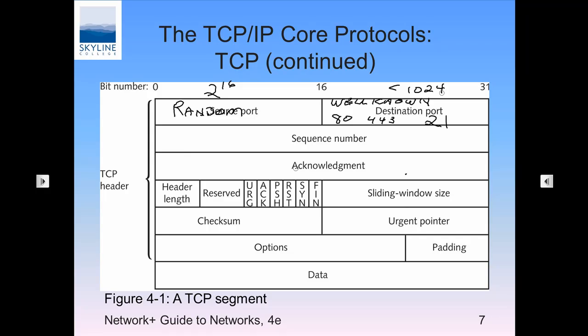Anything below 1024 is going to be in the well-known area. And if you think about it, that's where they are: 80, 443, 21, DNS is 53, SSH is 22, Telnet's 23, so they're all low-numbered ports.